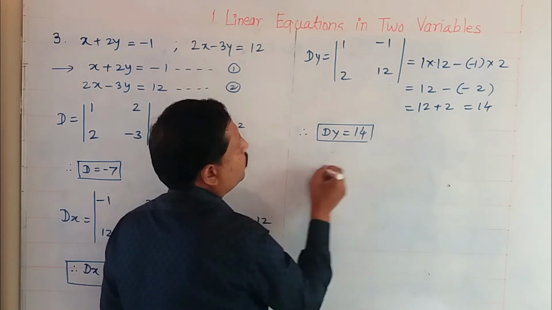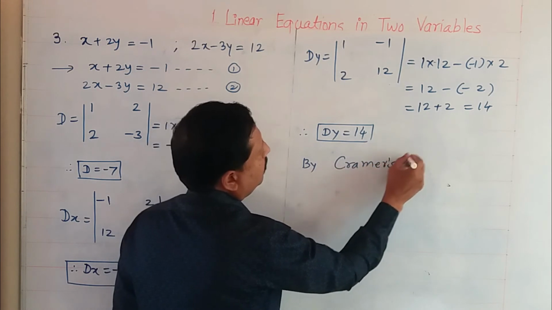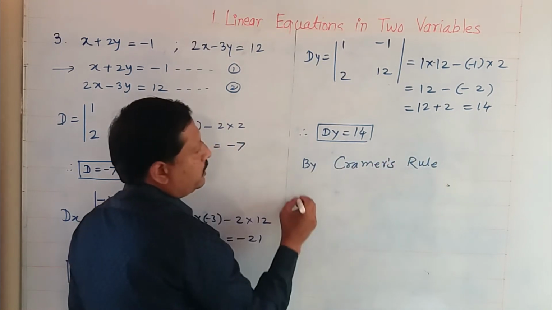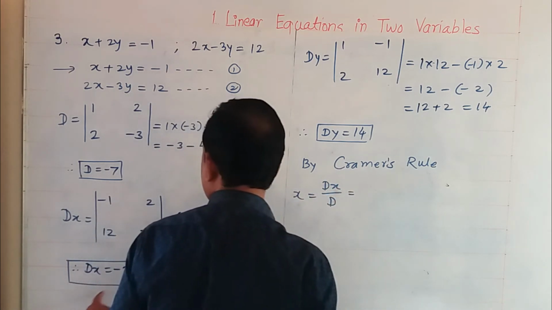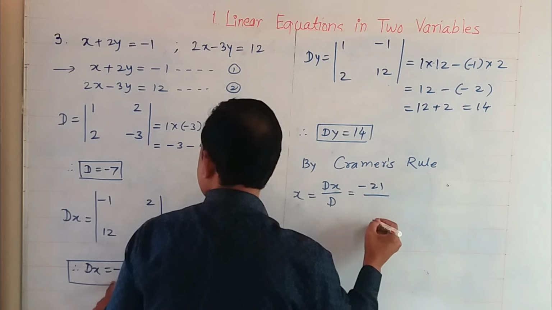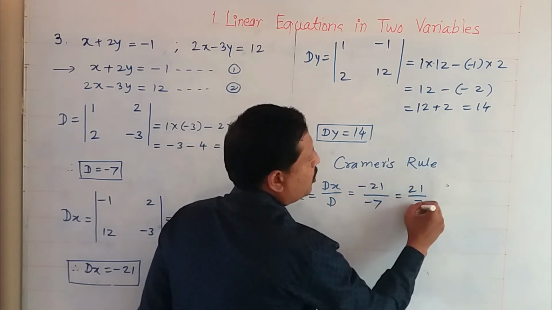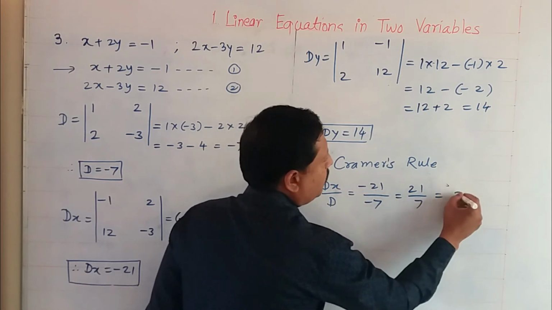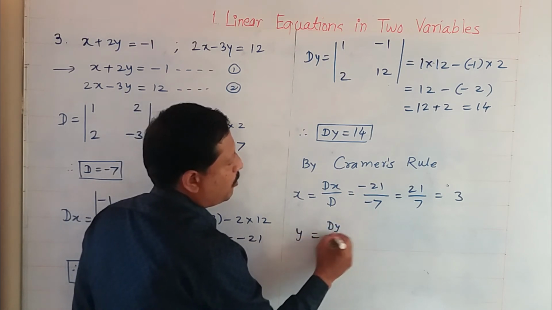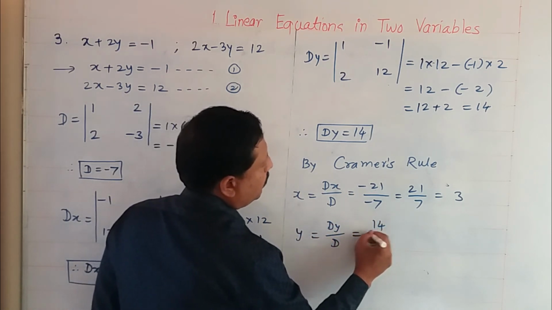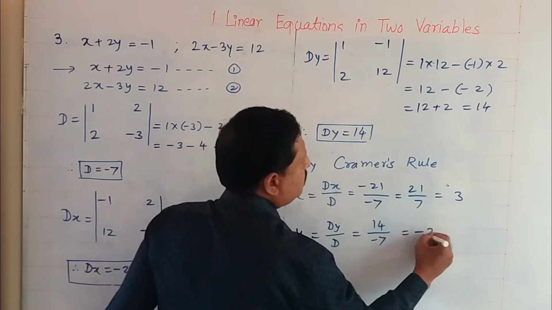Now use the Cramer's rule. Hence by Cramer's rule, x is equal to Dx upon D, that gives you Dx is minus 21 divided by the value of D is minus 7, that will be 21 upon 7. 7 3s are 21, hence x is equal to 3, and the value of y is equal to Dy upon D is equal to 14 upon minus 7, 7 2s are 14 but negative.